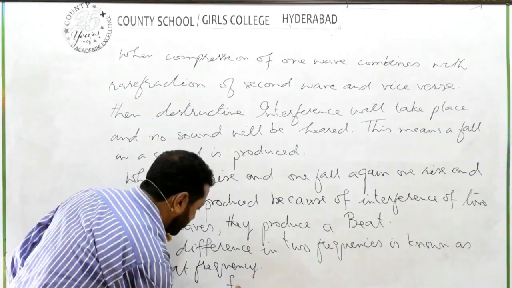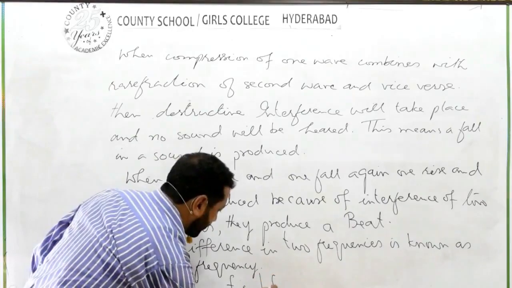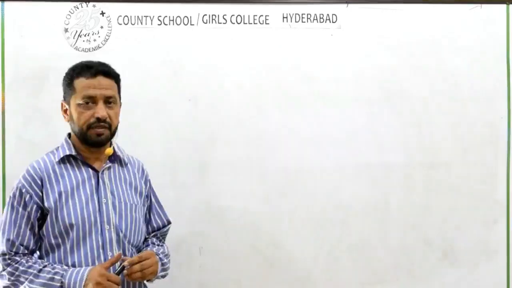So beat frequency Fb is equal to F1 minus F2.